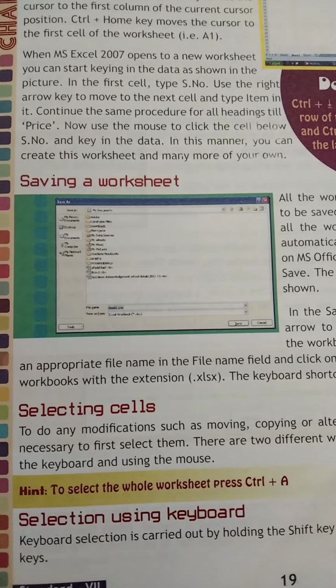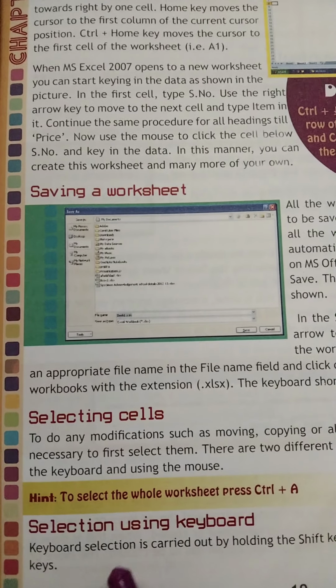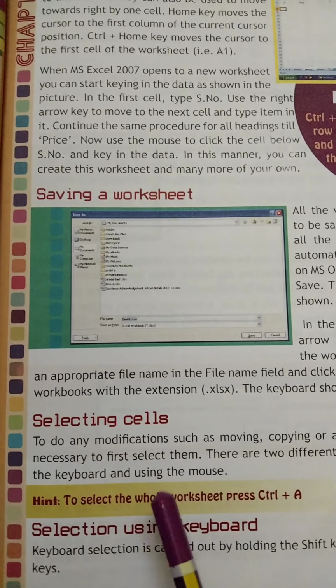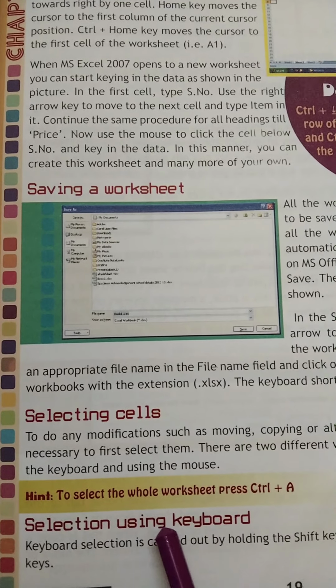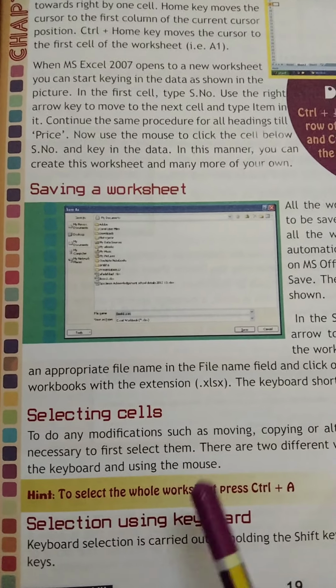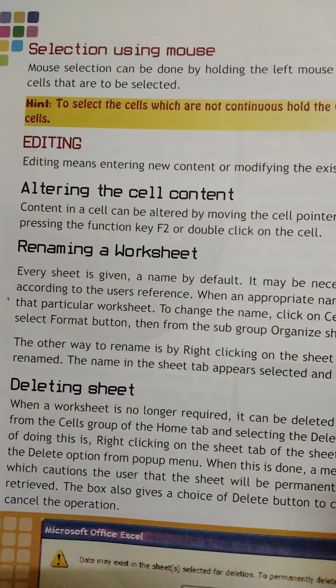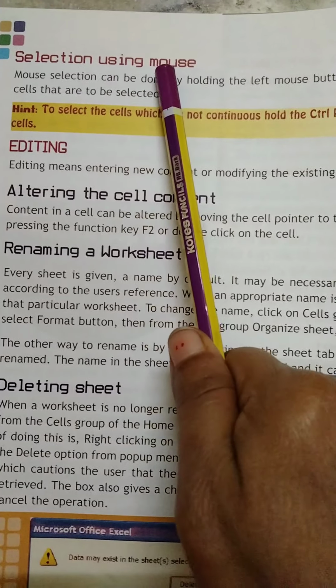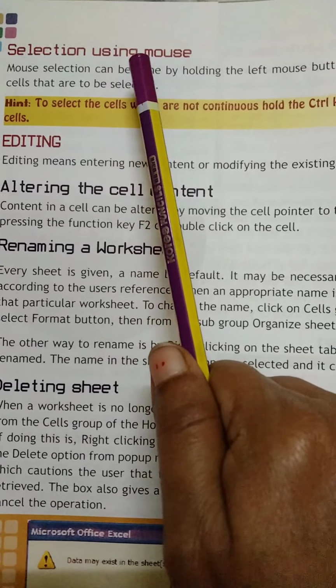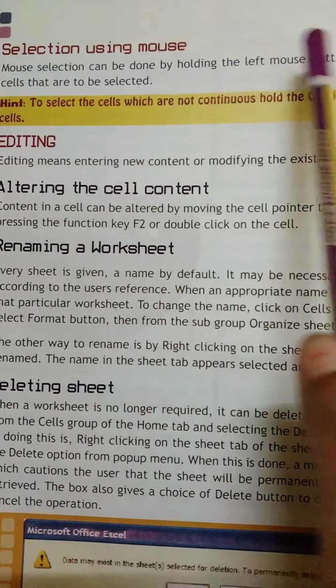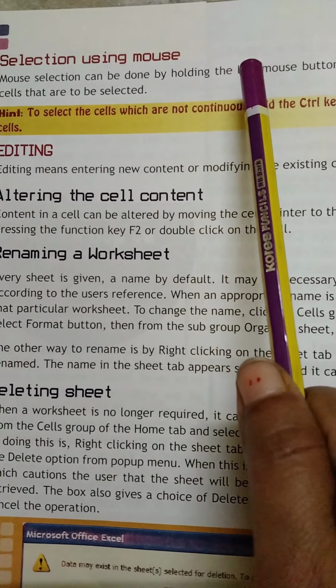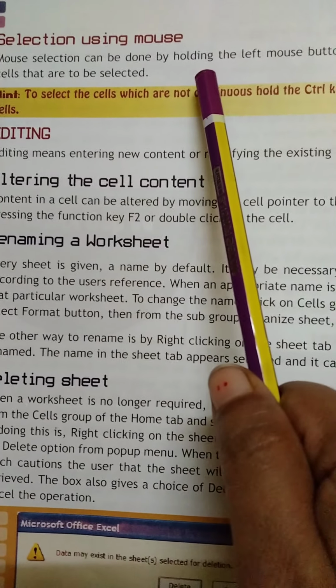How are we going to select using the keyboard? This can be done by holding the Shift key. First we have to hold the Shift key along with the appropriate arrow keys. We are able to select with the help of the keyboard. Or if you want to select using the mouse, we have to hold the left mouse button and drag the mouse across the cells that have to be selected.